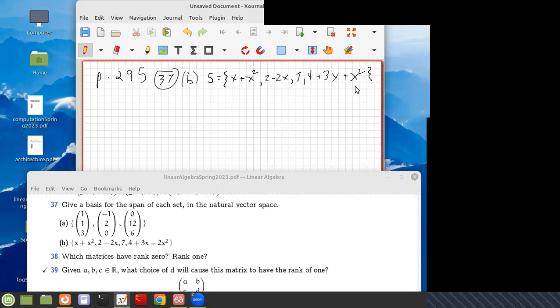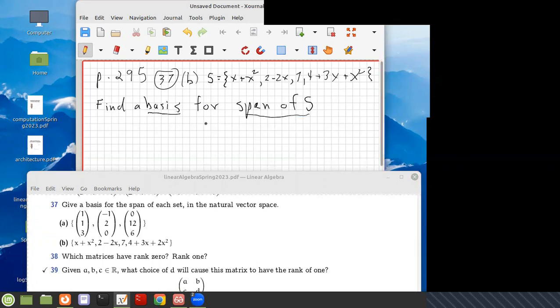We can ask more questions about this situation, but the problem says, give a basis for the span of each set. So we're supposed to find a basis for the span of S. That raises 2 questions: you have to know what the span of S is, and you have to know what a basis is.